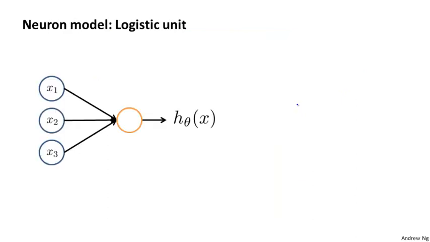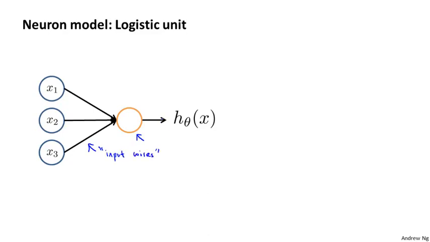In a neural network, or rather in an artificial neural network that we implement in a computer, we're going to use a very simple model of what a neuron does. We're going to model a neuron as just a logistic unit. So when I draw a yellow circle like that, you should think of that as playing a role analogous to maybe the body of a neuron, and we then feed the neuron a few inputs via its dendrites or its input wires.